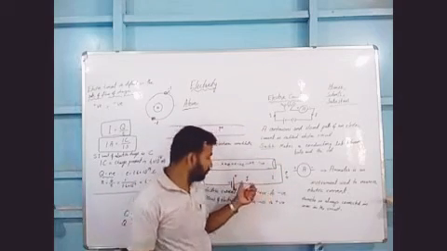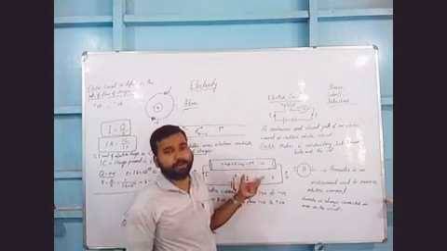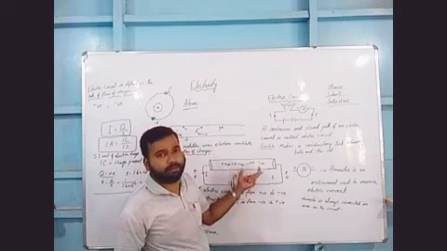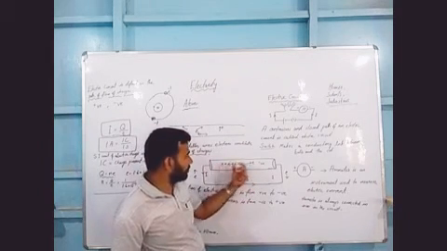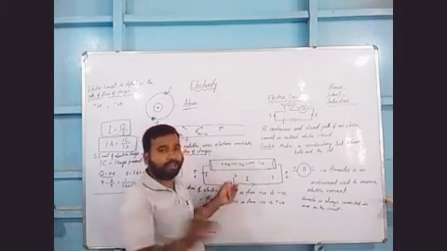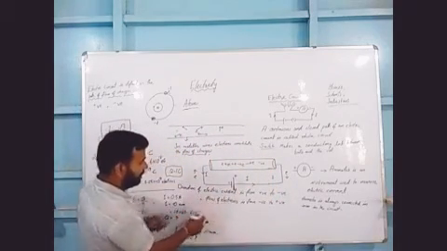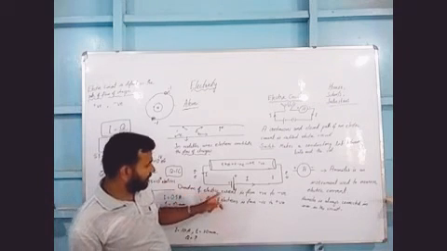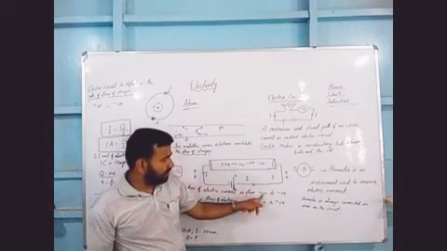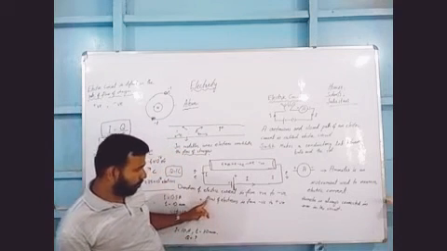Actually, we know that positive charge is present in protons. Protons reside in the nucleus, so they are not able to move. But electrons are present in the outermost shell, so these electrons can flow from one place to another. So the direction of electric current is from the positive terminal to the negative terminal, and the flow of electrons is from the negative terminal to the positive terminal.